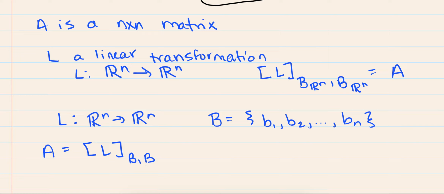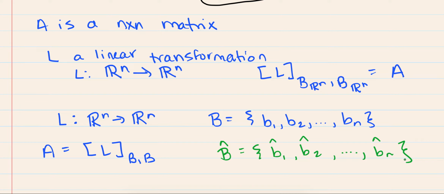And then let's say we have another basis. Let's call this basis B hat. And I am going to say that what's inside this basis, let's give everybody a hat. So remember that a vector space has infinitely many different bases.